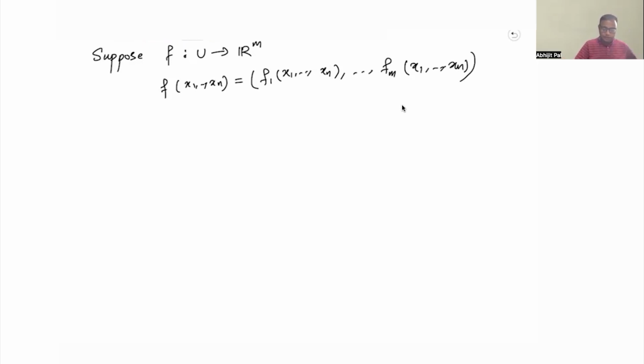Okay, this function is described like this. And what is my f prime of c, e_i? Again c is the same as (c1, ..., cn), and e_i is the coordinate vector.